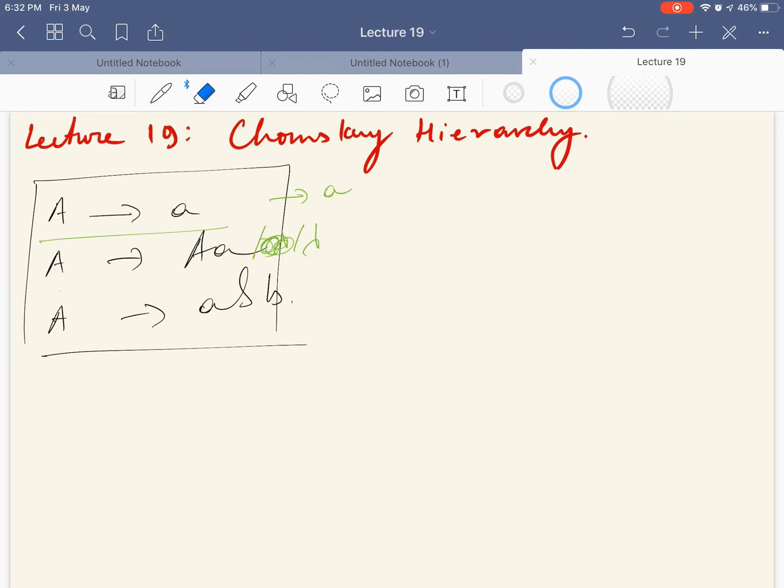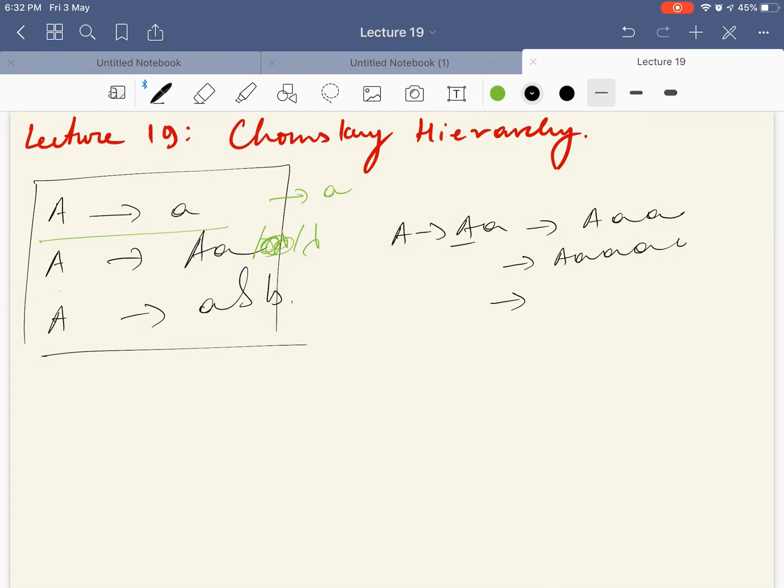Let us derive this expression. A goes to aA, again this A will be replaced by aA, then again if I replace it, and if I stop this A with lambda, then I am getting a.